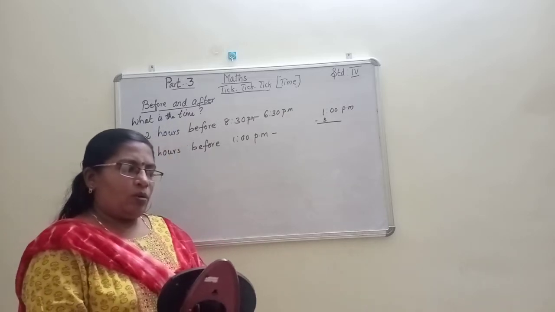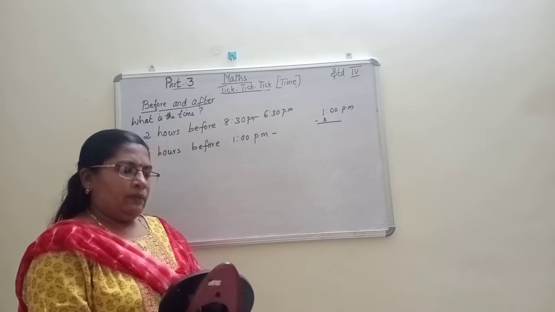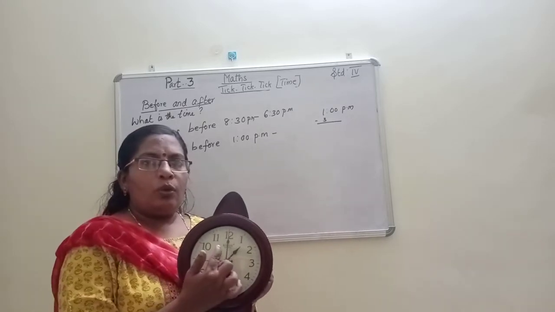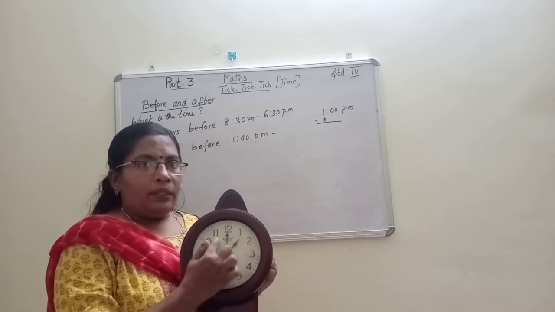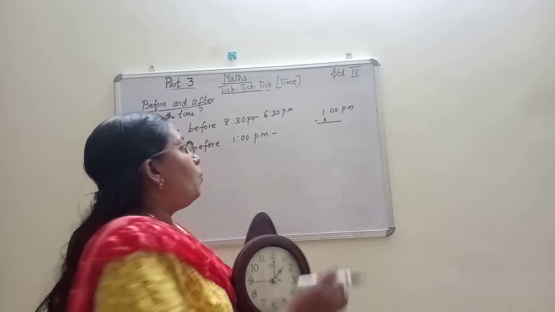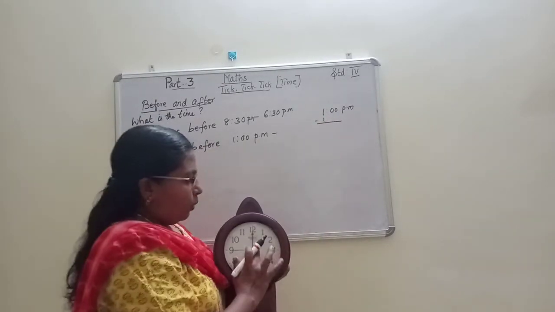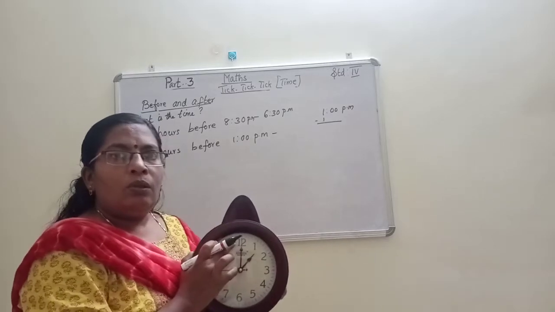See here, the clock shows 1. Now the clock is showing 1, that's 1 PM. Before that, 1 hour, what is the time? That is 12.